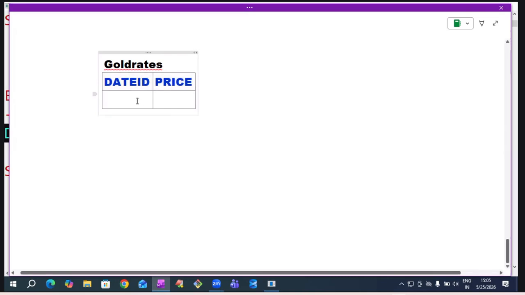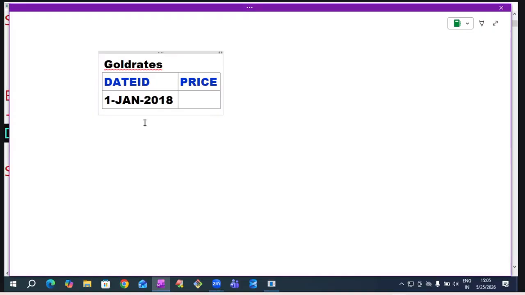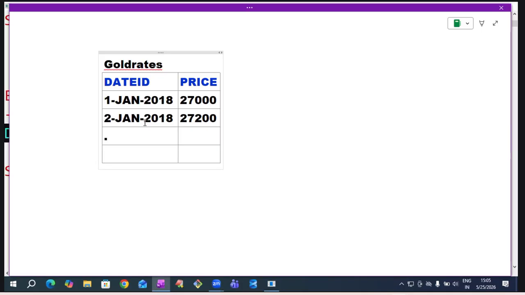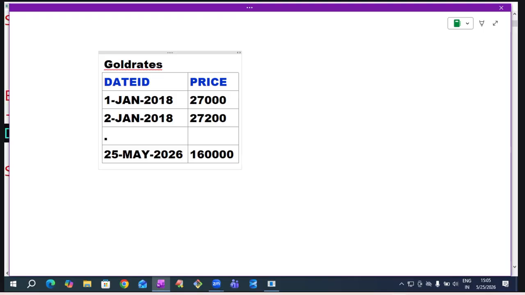For example, on 1st January 2018, the gold price was 27,000 per 10 grams. On 2nd January 2018, the gold price was 27,200. Like this, till today's date, gold prices are there. On 25th May 2026, today's gold price is 1,60,000 per 10 grams.